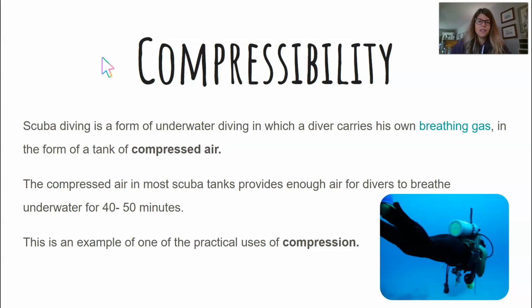Another example is when we see scuba divers with those tanks of air on their back, it is the divers carrying their own breathing gas in the form of compressed air. The compressed air in most scuba tanks provides enough air for divers to breathe underwater for 40 to 50 minutes.